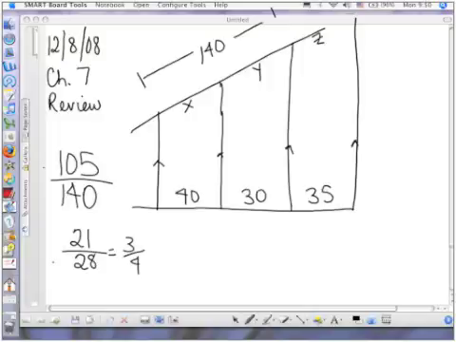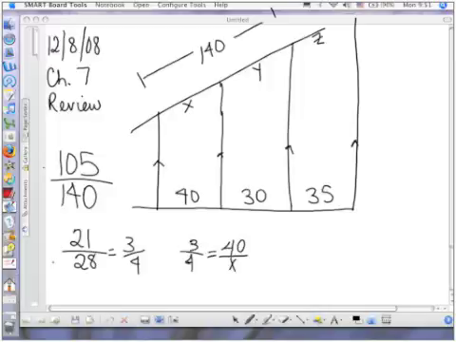So if my scale factor, and this is my shorter one, is 3 to 4, then let's focus on finding the value of x first. x and 40 would also be proportional, but we need to put x and 40 in the right location. 3 represents the line that added up to 105, which is this bottom. So since 40 is part of the bottom line, 40 goes in the numerator and x goes in the denominator. Now what would you do to find the value of x?